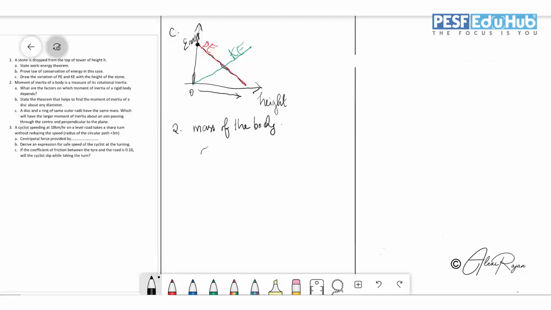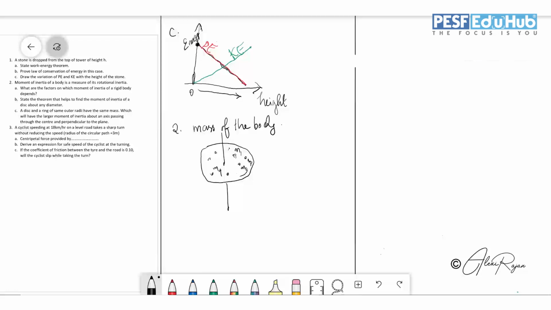That means if I have a rigid body and it is rotating about an axis, this body contains different types of small particles. It's a constitution of small particles, and each particle has a different mass, m1, m2, m3, m4, like that it goes on up to mn, for n particles.